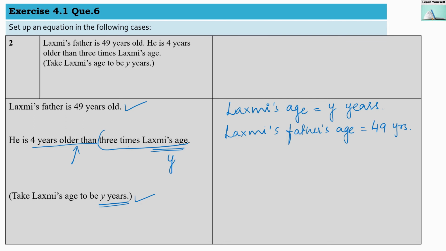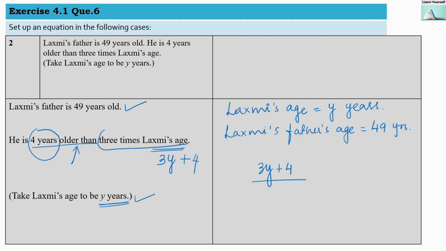So 3 times Lakshmi's age will give us 3y. Now again from this 3y also he is 4 years older. That means we have to add here 4 because he is older by 4 years. So we have to add 4 to 3y. So this is father's age and that we know. So 3y plus 4, that is our equation.